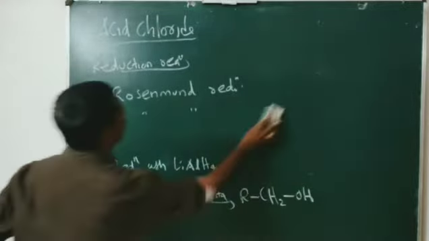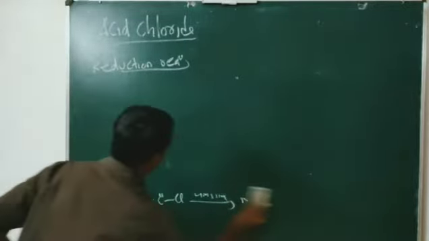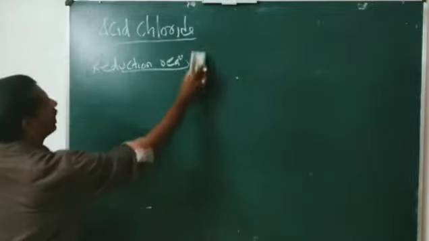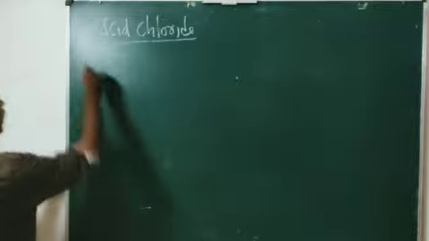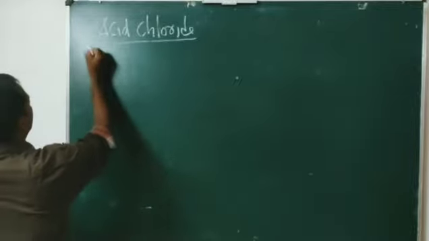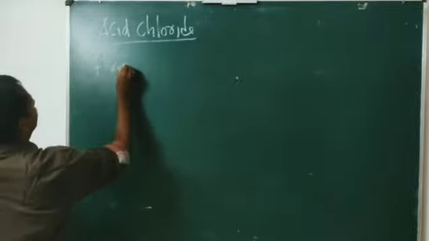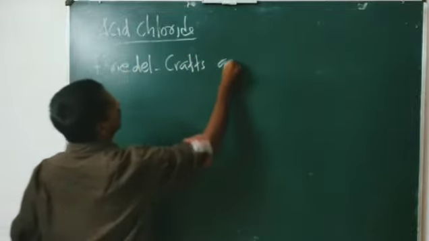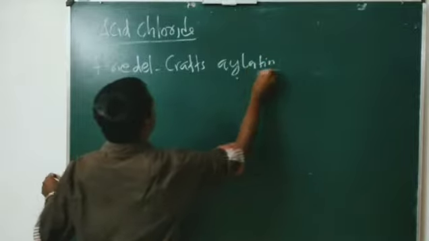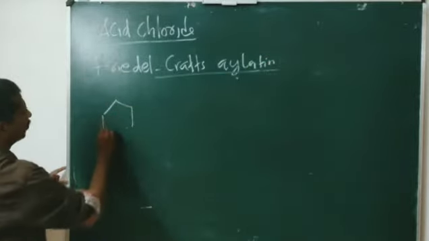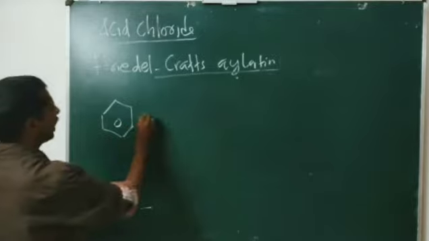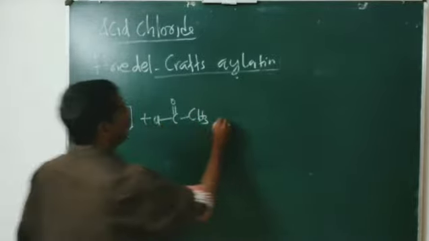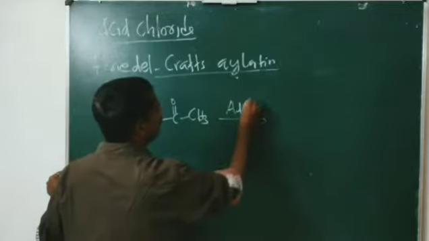The third and last reaction of acid chloride is the Friedel-Crafts acylation reaction. Look at it here. Suppose you take benzene and react it with acid chloride, CH3COCl, in presence of anhydrous AlCl3.